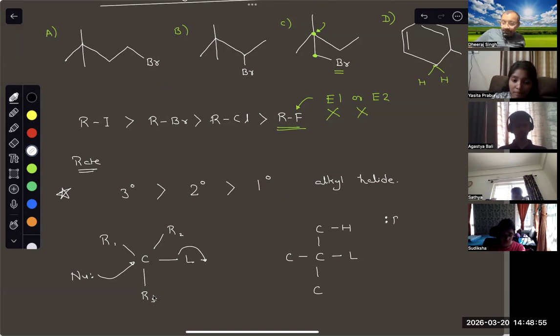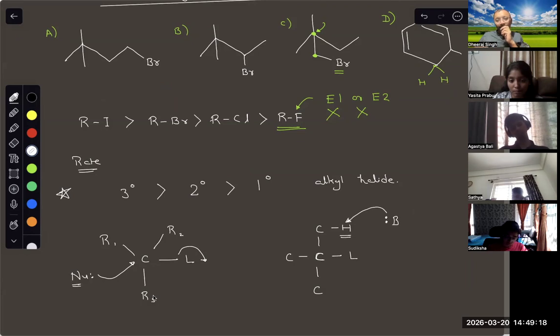The base is coming, it doesn't attack the 3 degree carbon. In substitution, the nucleophile has to attack the 3 degree carbon. In elimination, the base attacks the carbon next to the 3 degree carbon. It has to take hydrogen from the adjacent carbon. Getting it? Is it clear?